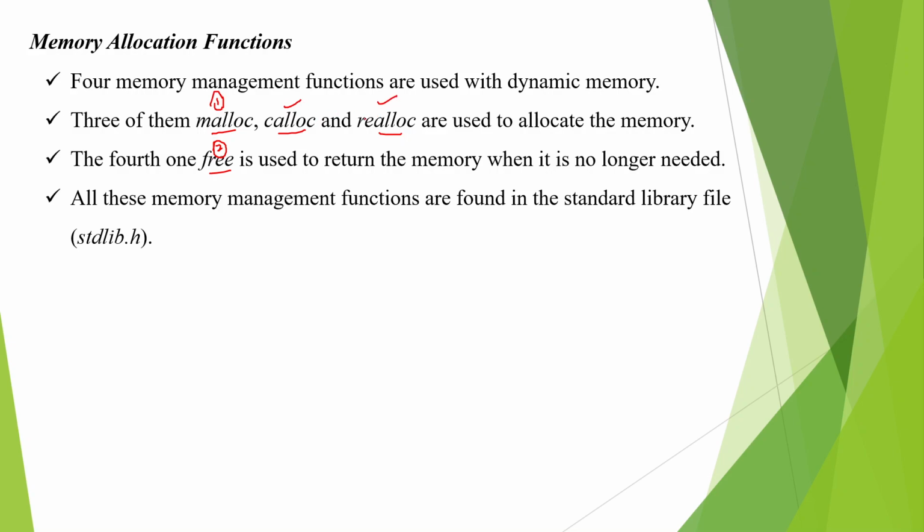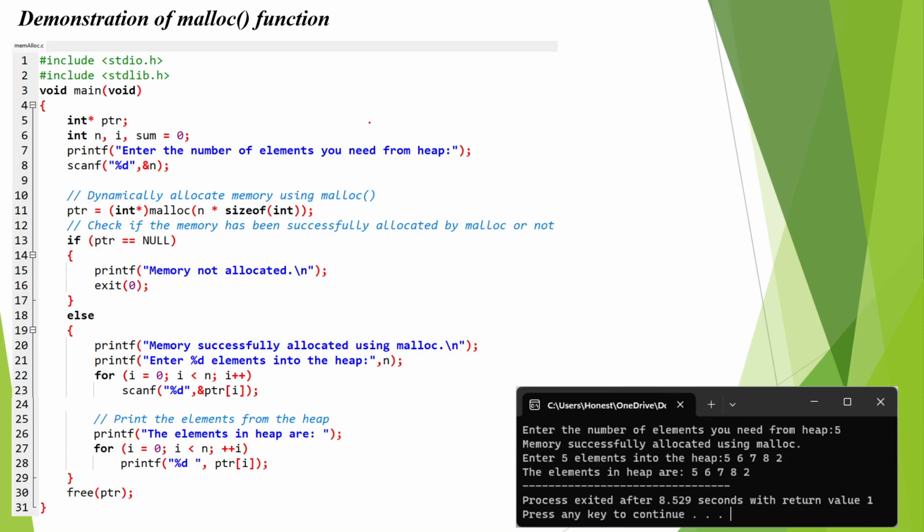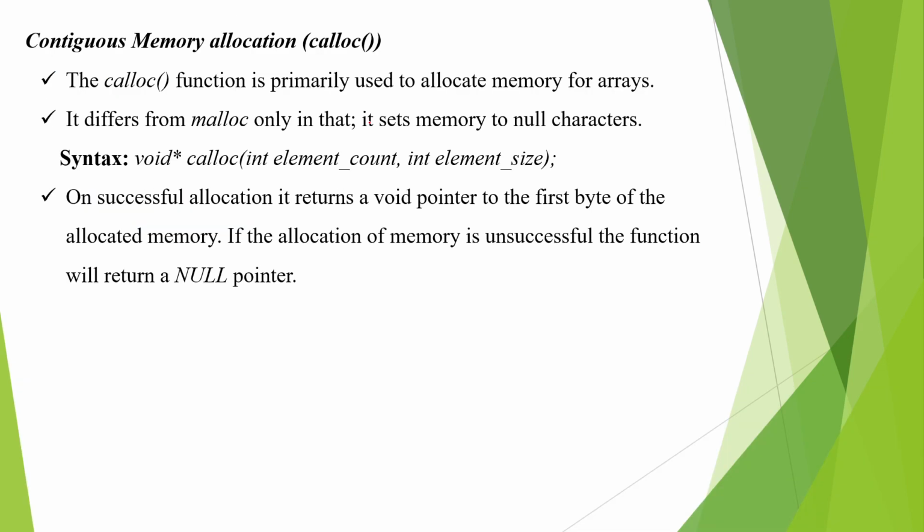Calloc stands for contiguous memory allocation, and realloc stands for reallocation of the memory. These two we will discuss, and then we will go to the fifth unit. The block memory allocation program demonstration I did in yesterday's session, so today we will discuss the contiguous memory allocation function, calloc.